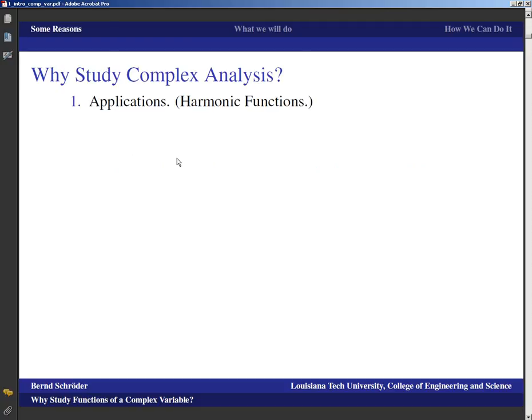For us, that will mainly mean the theory of harmonic functions, and here I'm sometimes a little less than enthused about the applications, because harmonic functions, which are important in heat transfer, for example, and also in wave phenomena, are two-dimensional in complex analysis, whereas of course our world is three-dimensional. So these applications would be limited to cases that have a certain kind of symmetry in the third dimension.